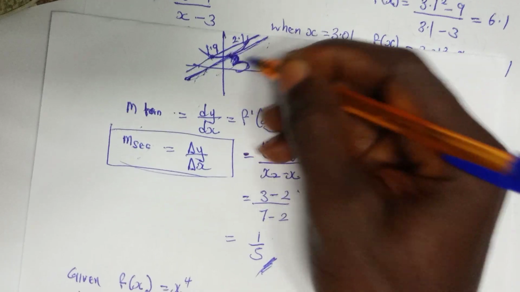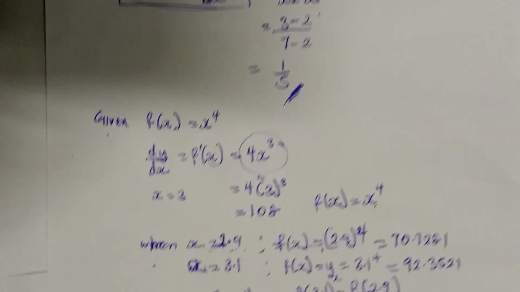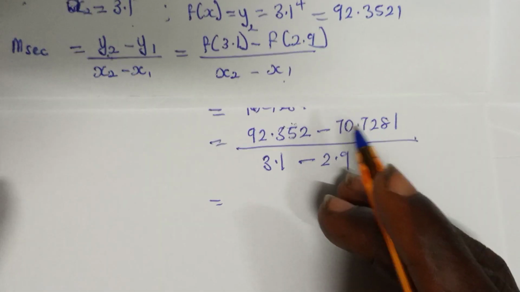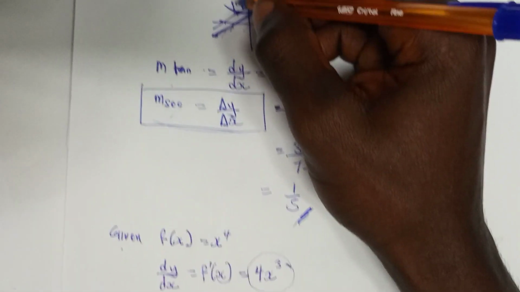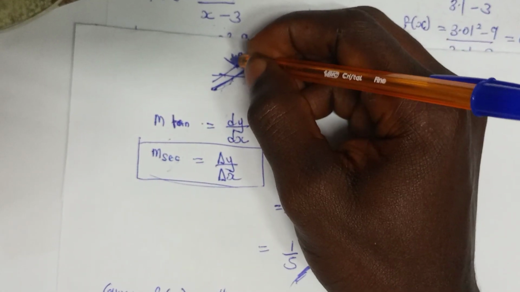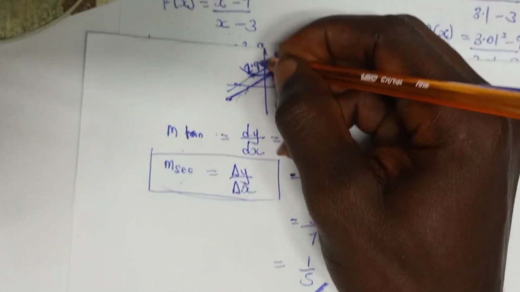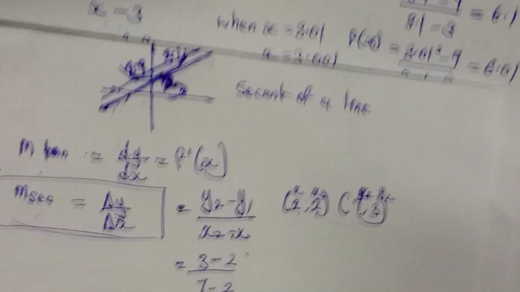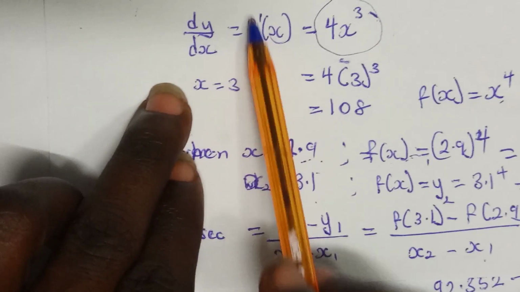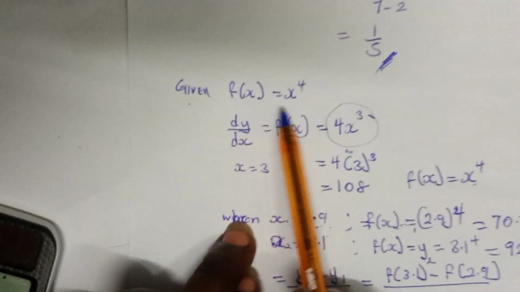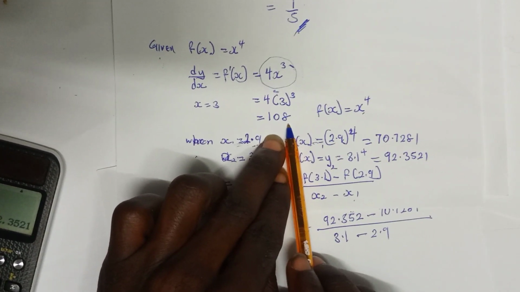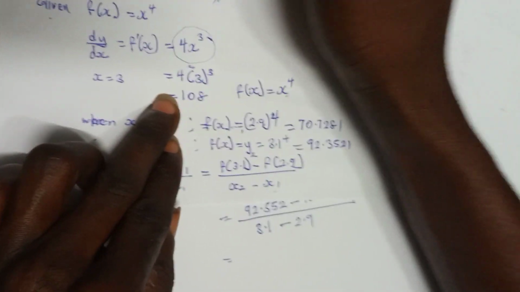Okay, so we take the values of x closer to 3 to verify the slope at the point 3. So here this is supposed to be 2.9 and this is 3.1, because finding the derivative of f of x, we said the derivative of f of x is the slope of the tangent of this line.